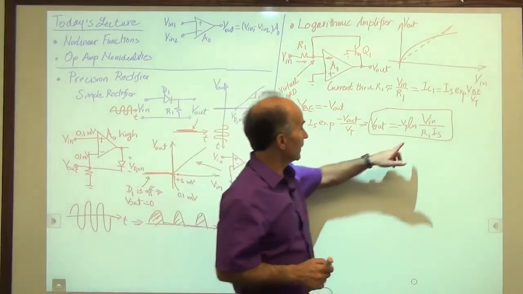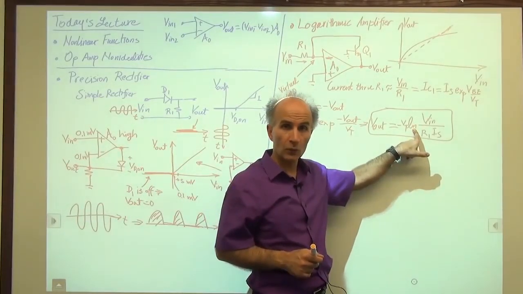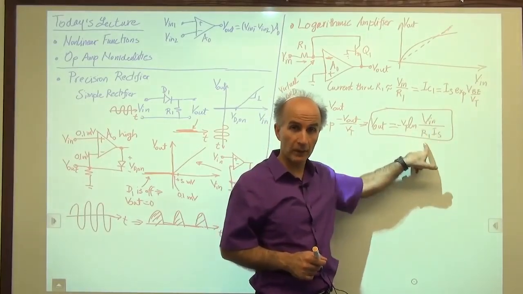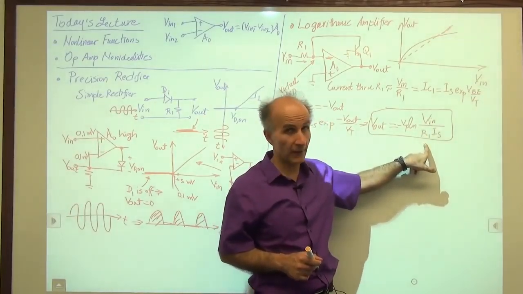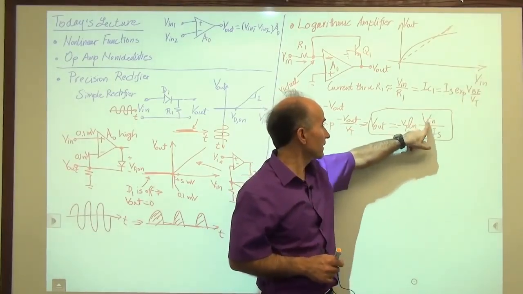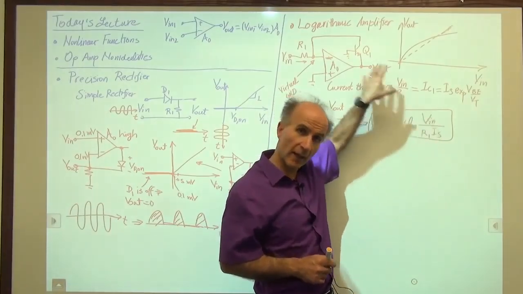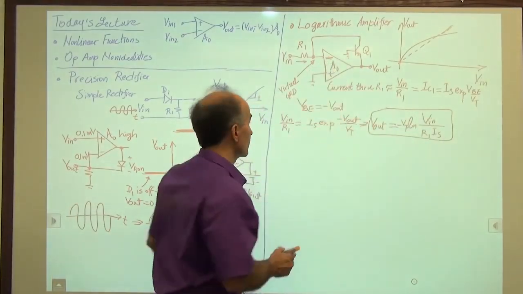Now, here we have a log quantity. A log quantity would want to see that its argument is always positive, not even 0, right? Okay, so what happens if this Vin is negative? Well, this equation doesn't apply anymore, but what happens in the circuit?